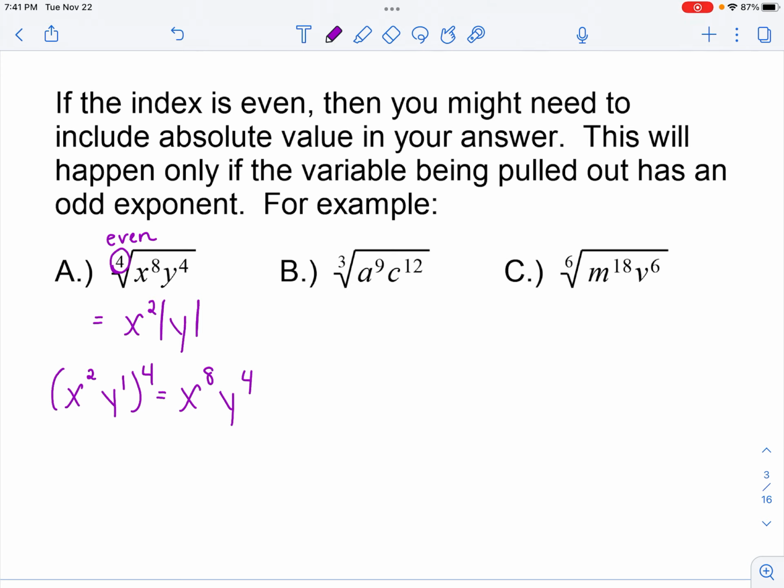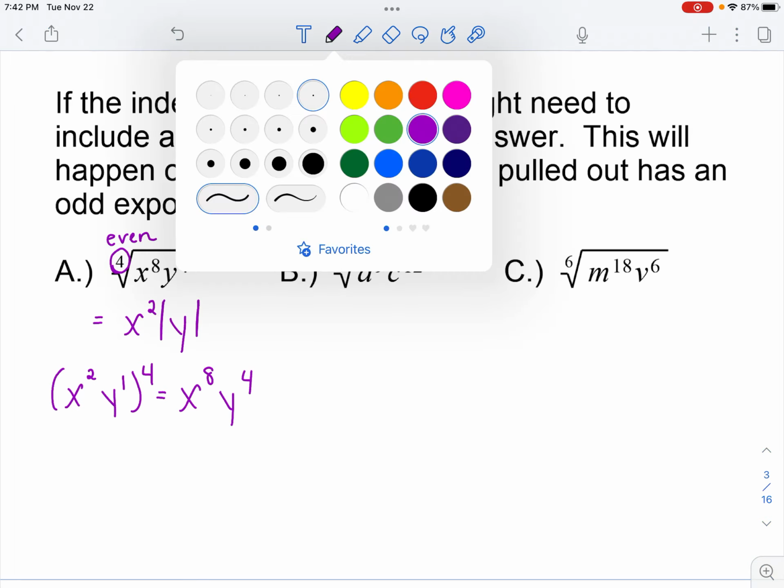That's just to guarantee that the answer comes out positive, because we have the positive fourth root of x to the eighth, y to the fourth. We don't have a negative out in front, so I can't have a negative answer. That's why the absolute value becomes necessary. But again, we only need to worry about it with an even index, and only if we ended up with an odd exponent. Okay, let's take a look at B.